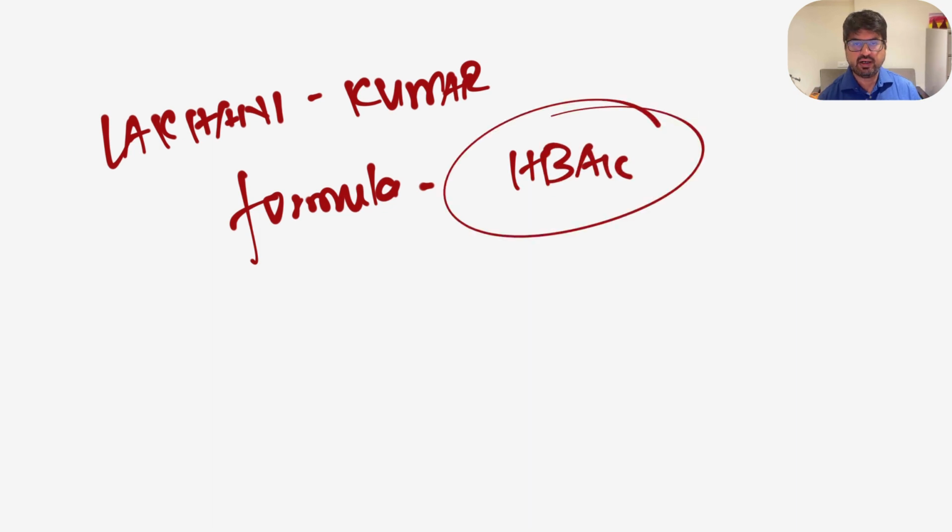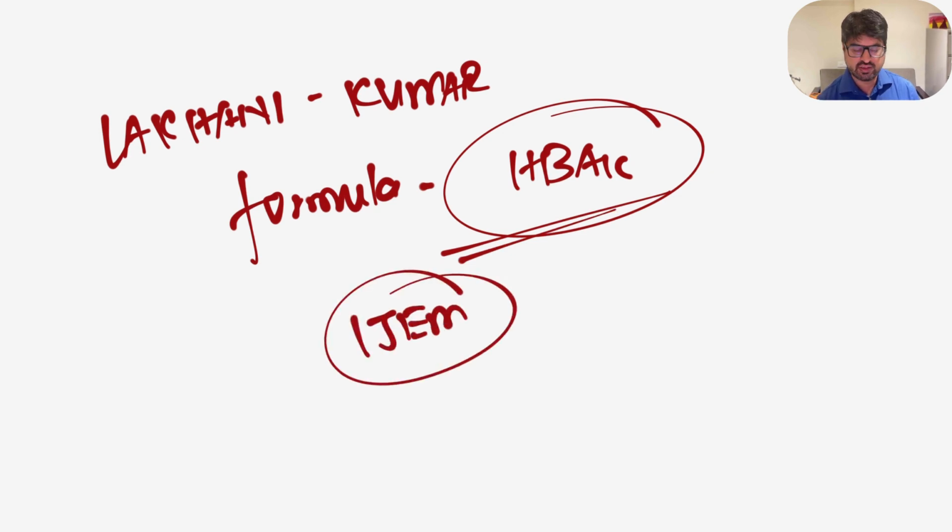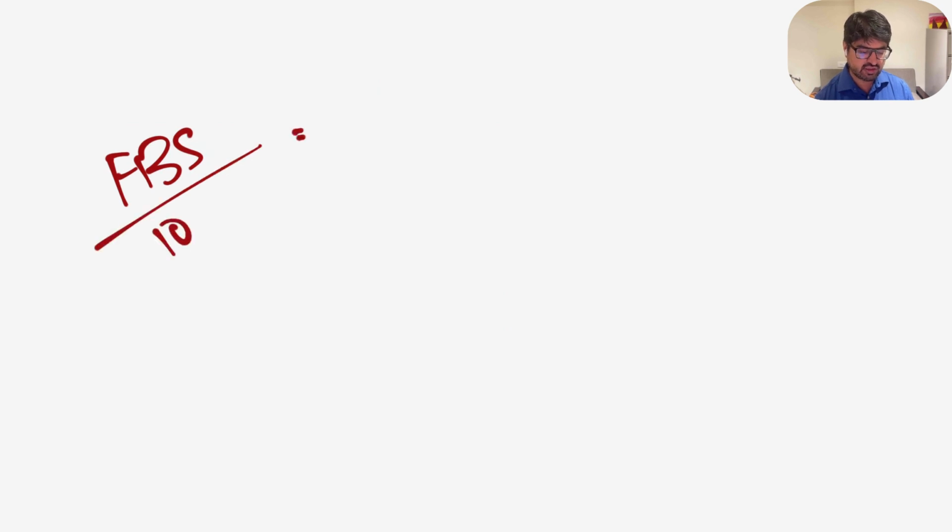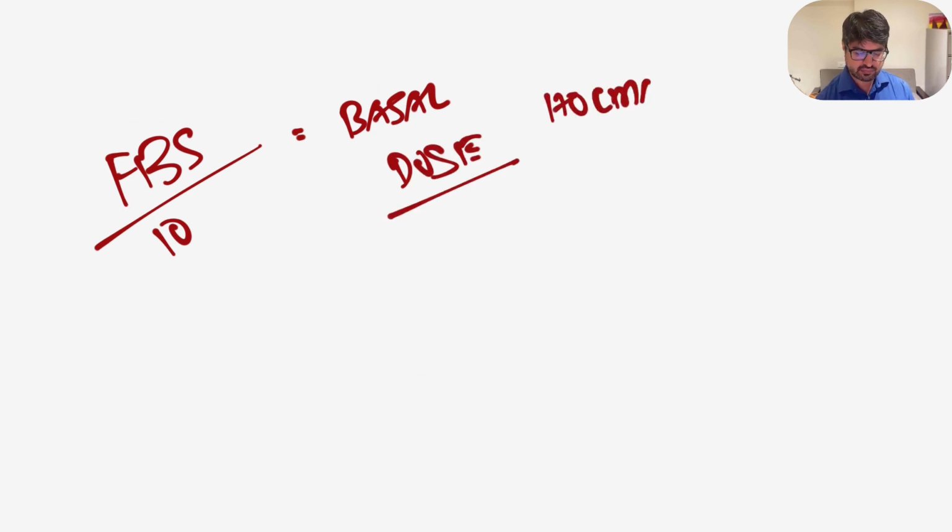You can read a paper published in the Indian Journal of Endocrinology and Metabolism, where we gave a formula which could be used as a starting formula for calculating the basal insulin dose. But to put it simply, a good way of doing it is to take the patient's fasting blood sugar and divide by 10, and this will give you the basal dose. This is a simple formula to use. This is based on the Hallman-Turner formula.